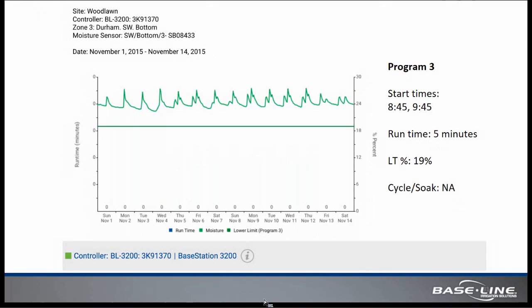And then the bottom of the wall was set up with 2 start times with a runtime of 5 minutes, but because of that gravitational drainage, no irrigation cycles were actually occurring. So they were not applying water to the bottom of the wall just for the sake of applying water at a given start time. The sensor was determining whether or not that irrigation cycle was actually required when those start times came up.